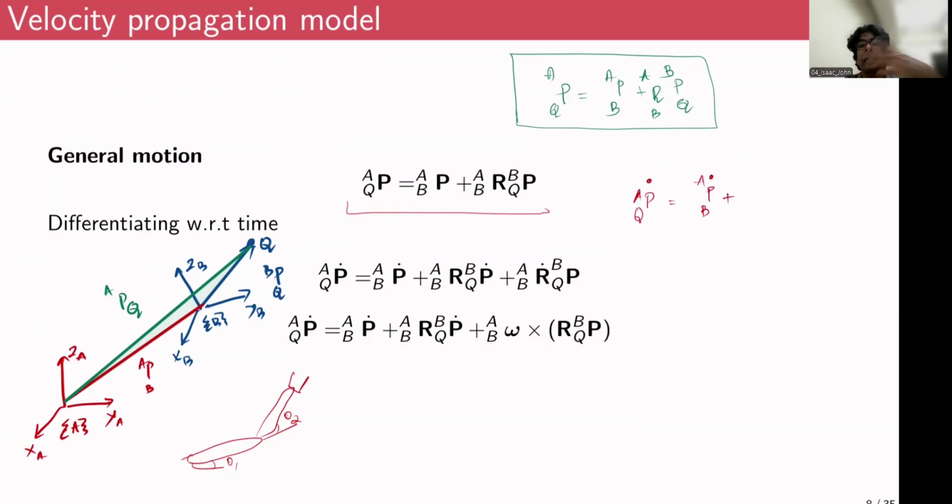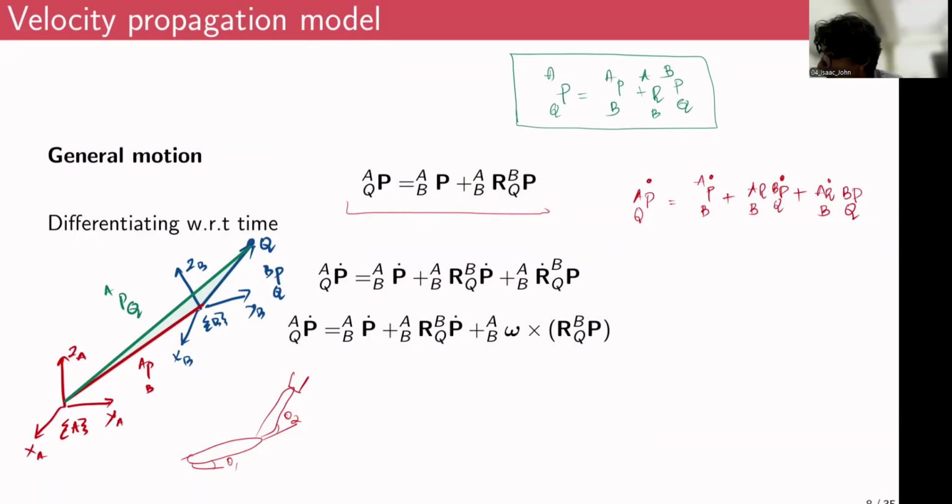And for the second term, I'll have to apply the chain rule, right? So I'll apply the product rule: ARB multiplied by BPQ dot, plus ARB dot multiplied by BPQ. This is what the derivative would look like.